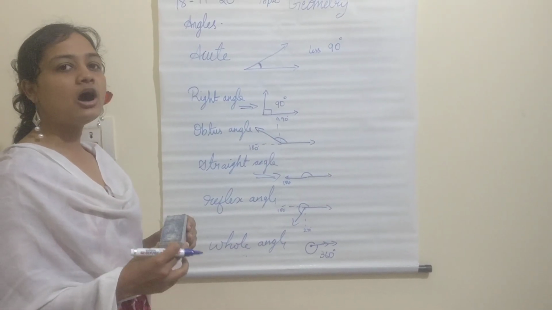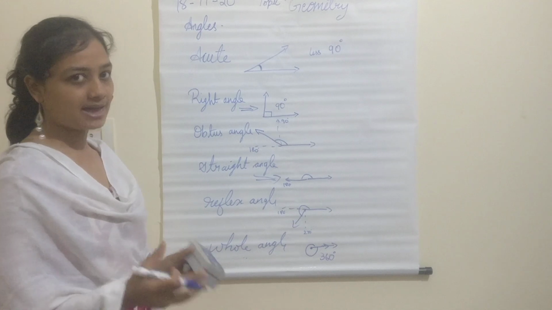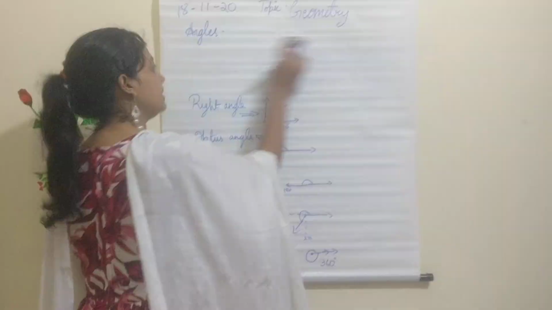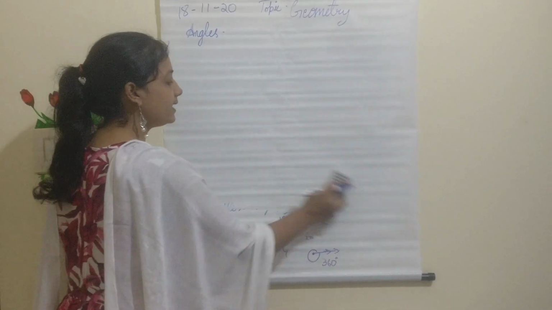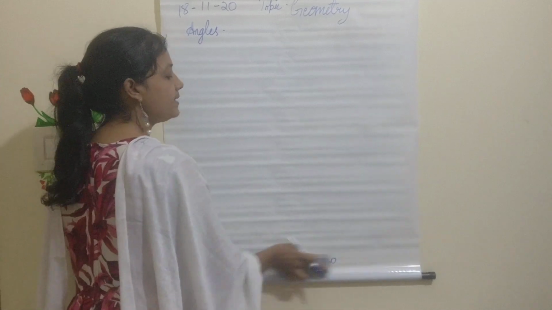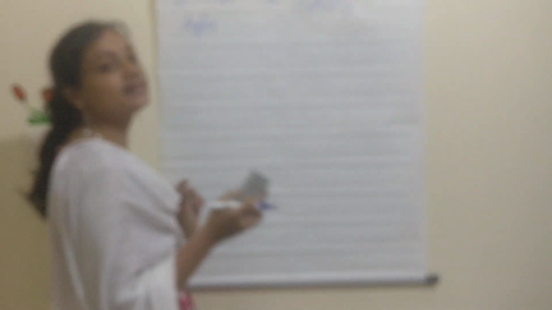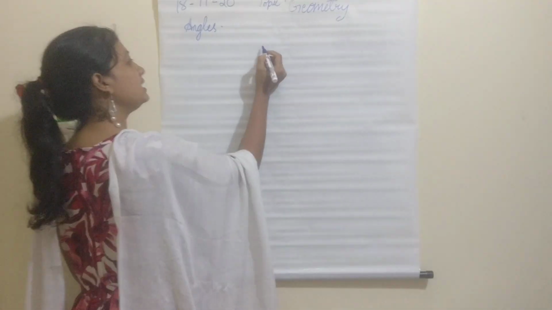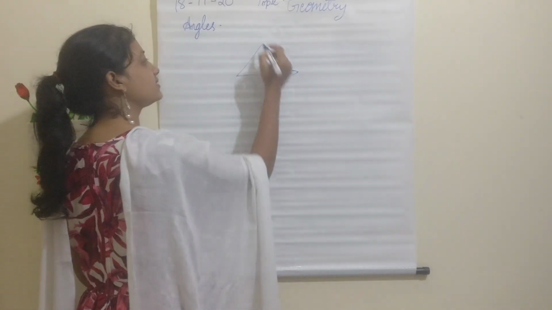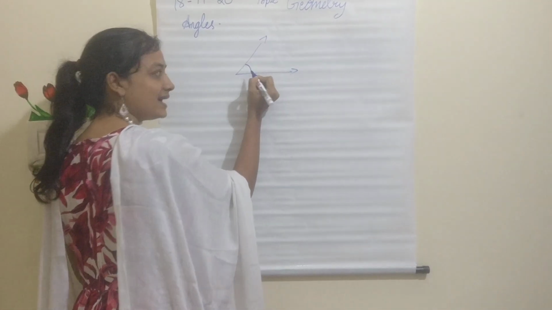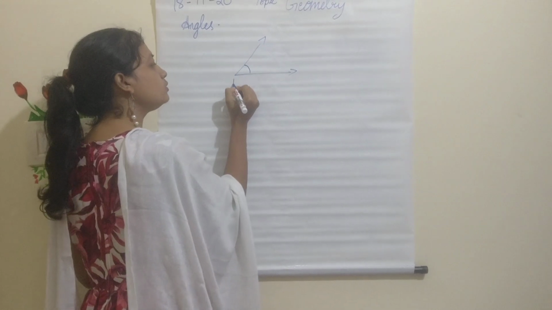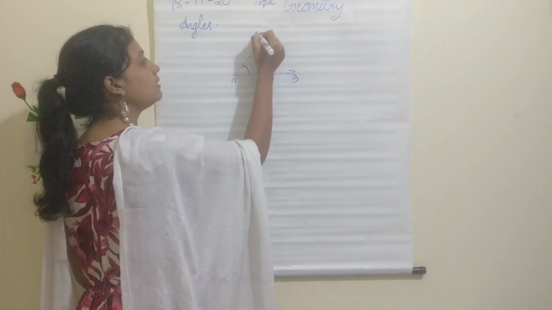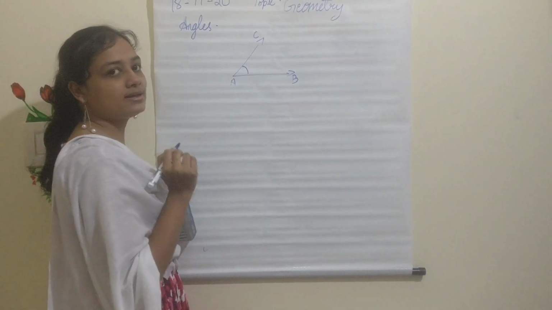Let's learn how to represent these angles. Representing is nothing but naming them and writing the angles in symbols. So let us take an angle first. So this is the angle. Now you know how to name the rays. So we finished naming the rays.